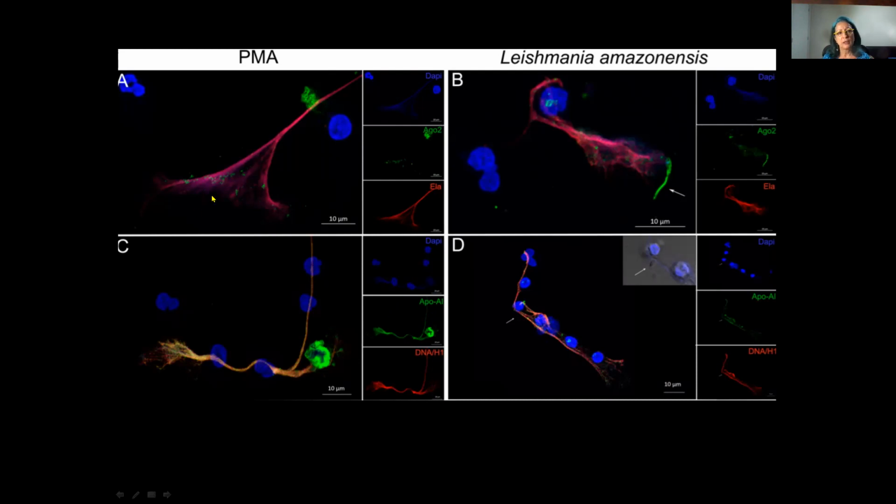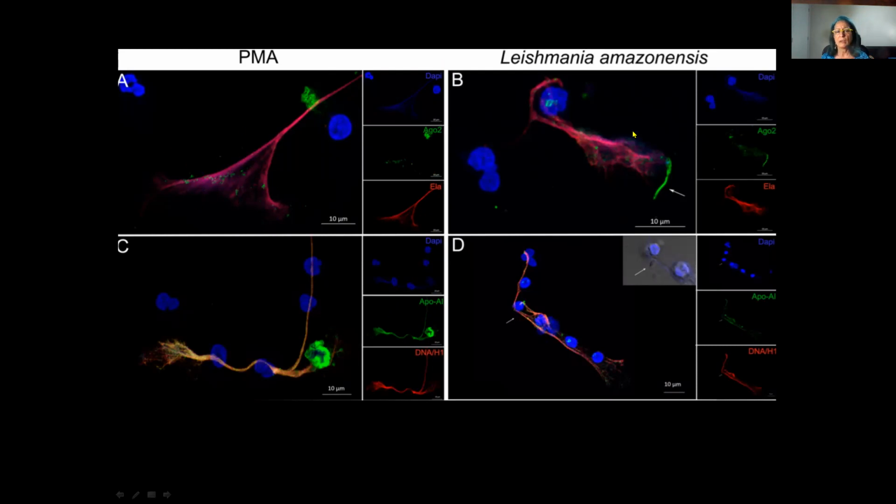And as you can see in those beautiful pictures, you see the NETs labeled in blue, Argonaute in green, and elastase in red.